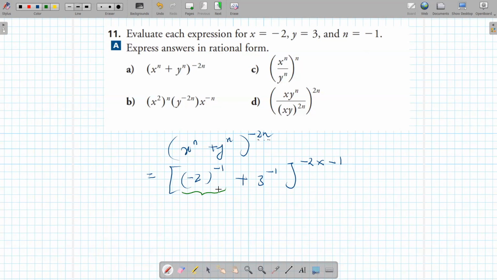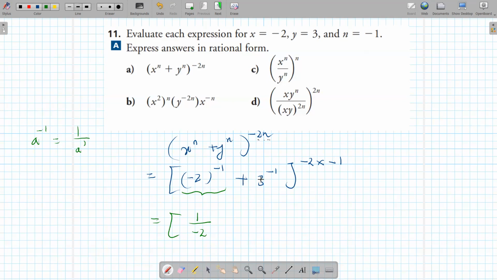What do you do with a negative exponent? We talked about this earlier, you toss it in the denominator. For example, a to the -1 is 1 over a to the +1. So you simply toss that -2 into the denominator, and the exponent becomes positive.